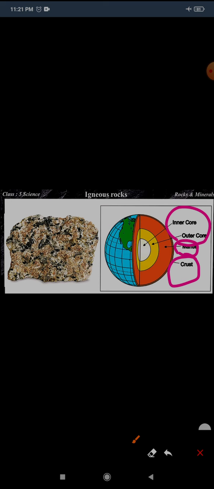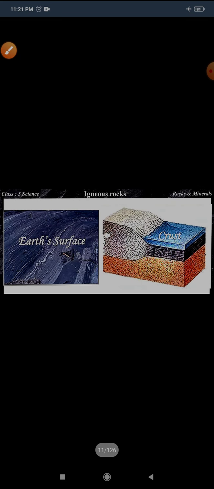The inner one is called the core, the middle one is called the mantle, and the upper surface is called the crust. What we see as soil and mountains is only the surface of the earth, also called the crust. In the picture, it is mentioned over there, crust.